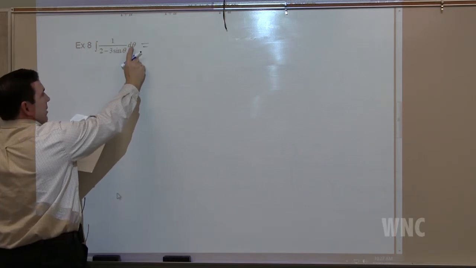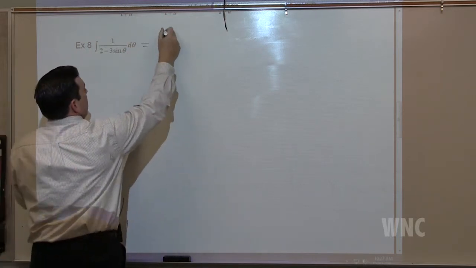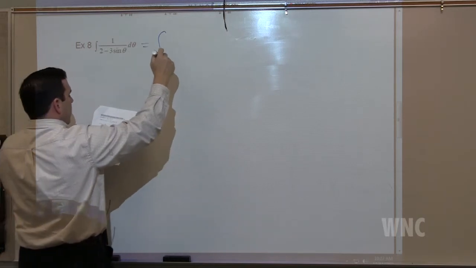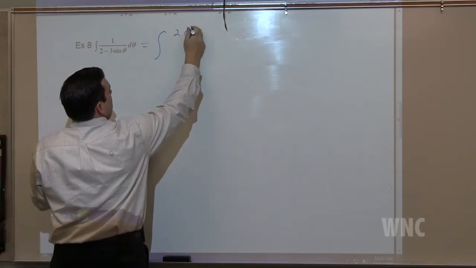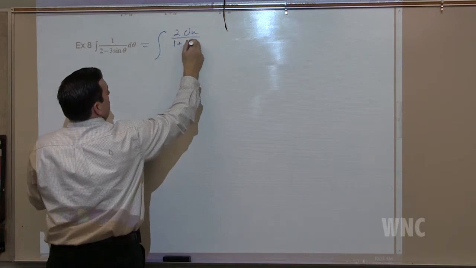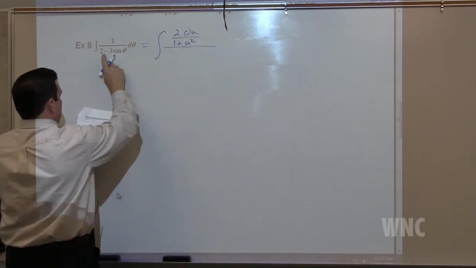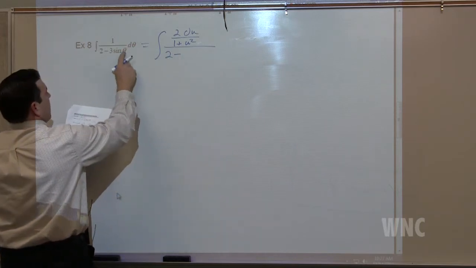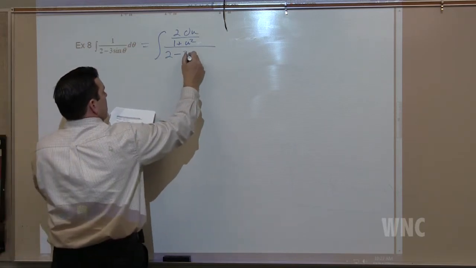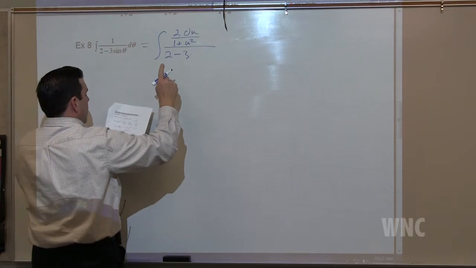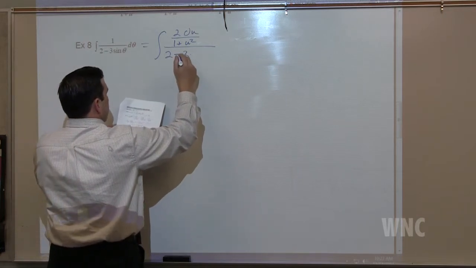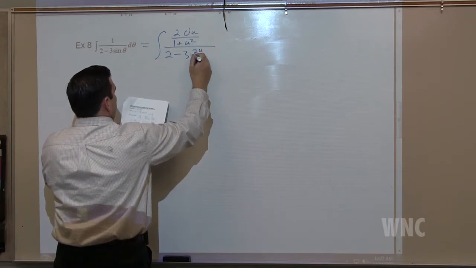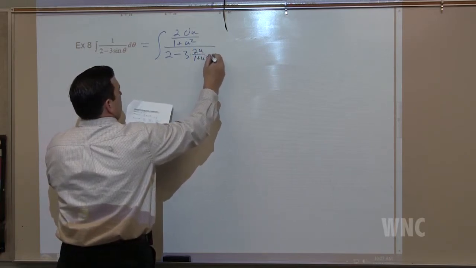We'll have the integral, the dx, as you saw above, was 2 du over 1 plus u squared. And then we have 2 minus 3 sine theta. So 3 times sine x in our case, or sine theta would be 2u over 1 plus u squared.